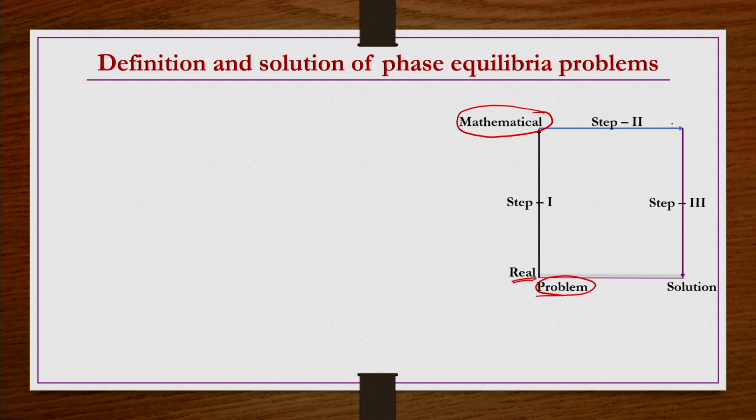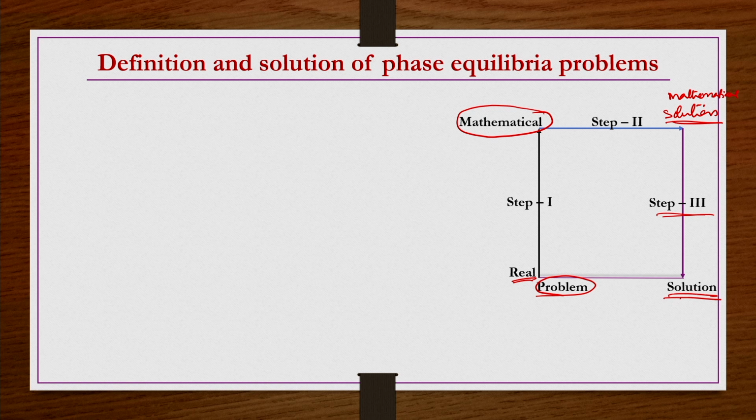So, when you have this mathematical solution, it would be in terms of some mathematical or thermodynamic variables or properties, not real life measurable properties. So, whatever the mathematical solution is, it again has to be transformed into a form which has real life physical meaning. Such a transformation we do in step 3, right.